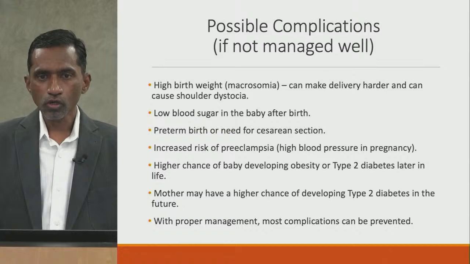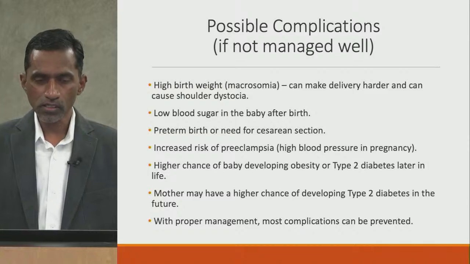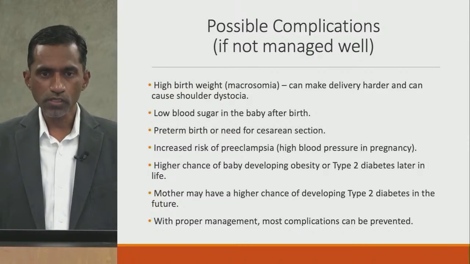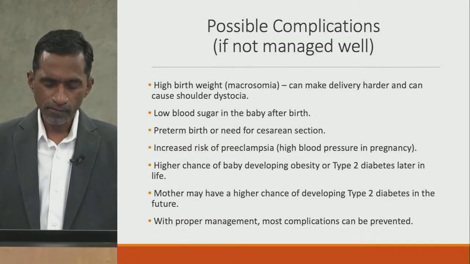Preterm birth or need for cesarean section is also one of the risk factors. Increased risk of preeclampsia, high blood pressure in pregnancy, higher chance of baby developing type 2 diabetes later in life, and mother also has a higher chance of type 2 diabetes in future. I'll talk about this in the end. With proper management, both complications can be prevented.